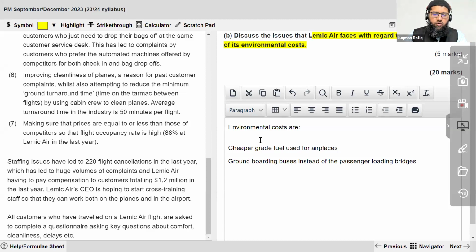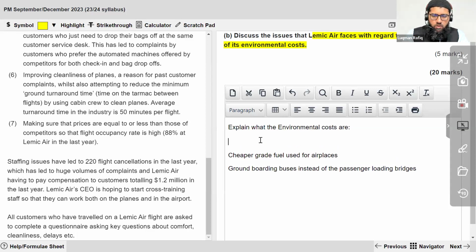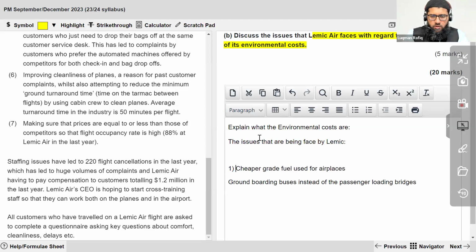First of all, you have to mention and explain what the environmental costs are. The issues being faced by Lemay, that is, cheaper grade fuel used for airplanes and so on.